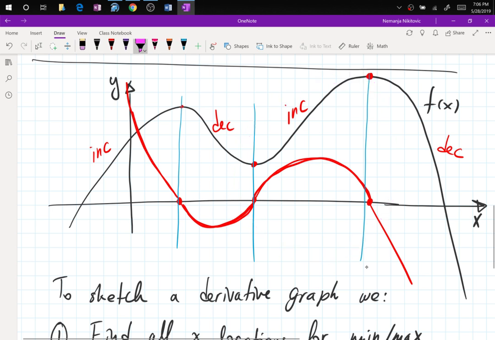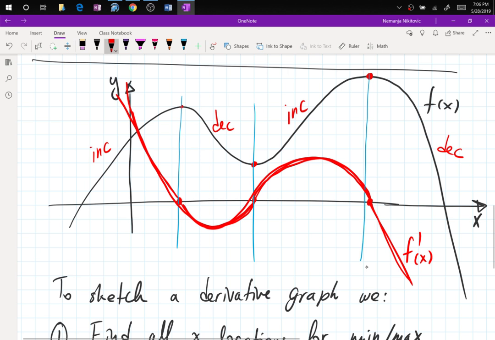And finally, the last fourth piece is decreasing, and the red line is below. So now you can just make this smooth, and the red line is the sketch of f prime of x.